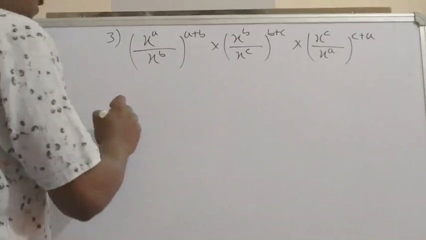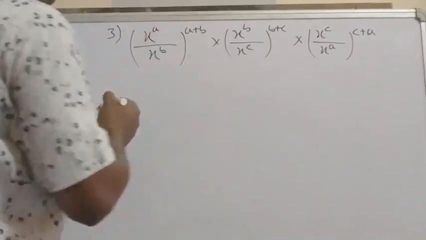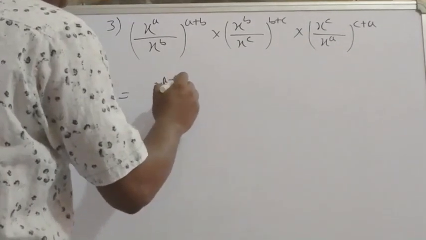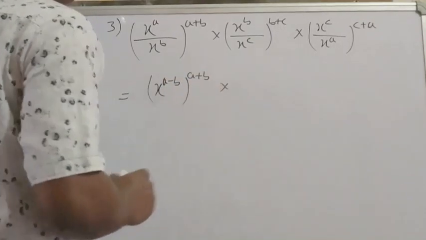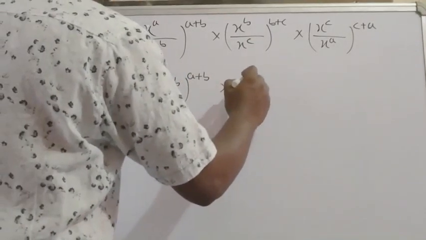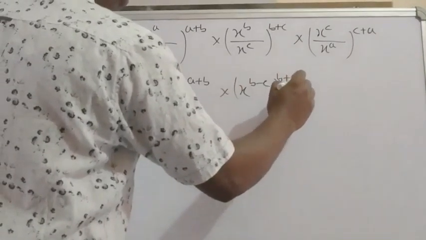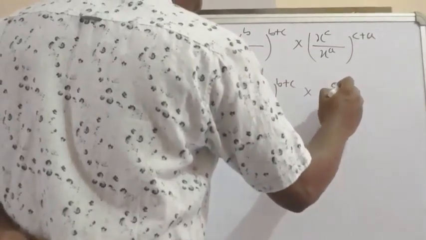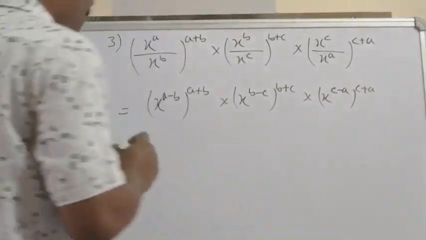So first, it is divided. If it is divided, we have to subtract the power. So x to the power a minus b, to the power a plus b, into x to the power b minus c, to the power b plus c, into x to the power c minus a, to the power c plus a.